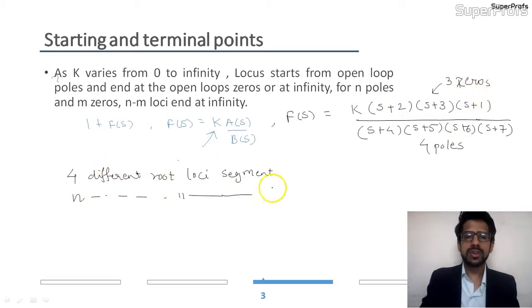Now these 4 different root loci segments will start from the poles and travel towards the zeros. But as we have just 3 zeros, one of the poles does not have a zero to go to. So that particular root locus segment will start from a pole but go towards infinity.